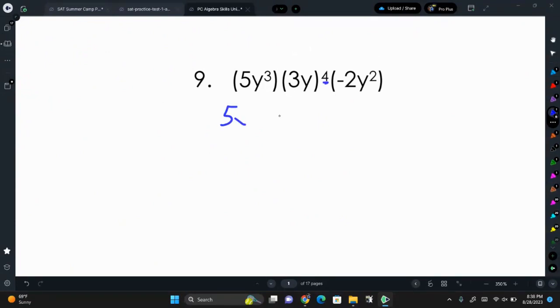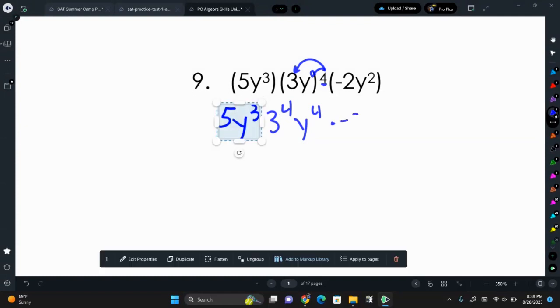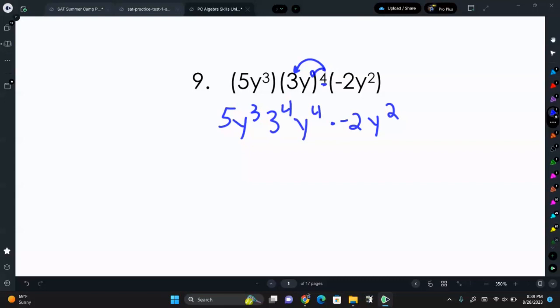So we have 5y to the third times 3 to the fourth times y to the fourth, because this gets distributed, times negative 2 times y squared. Well, 3 to the fourth power is 81.